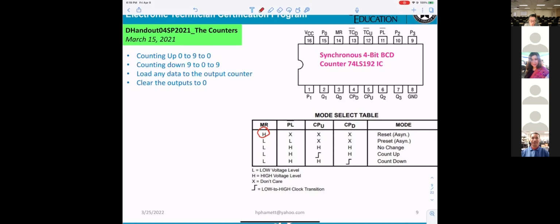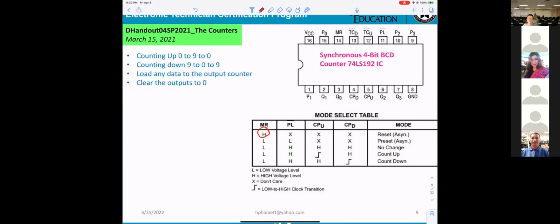So sometimes, if I give you a quiz, you have to enter X for don't care. X only tells you don't care. That means you don't have to consider PL or CPU or CPD while you are testing for clear or master reset.